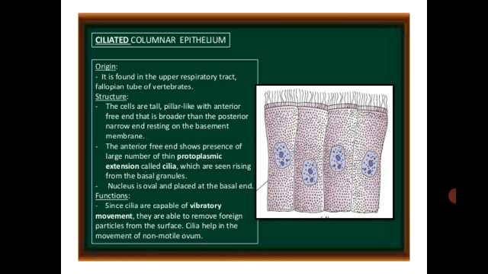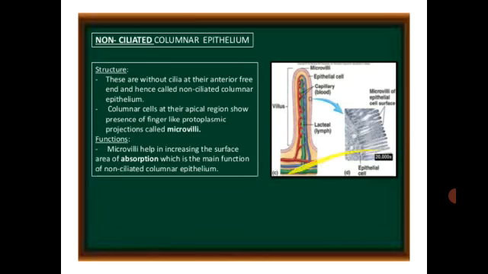These cilia help to remove the waste material or the dust particles. Since cilia are capable of vibratory movement, they are able to remove foreign particles from the surface. Cilia help in the movement of non-motile ovum.